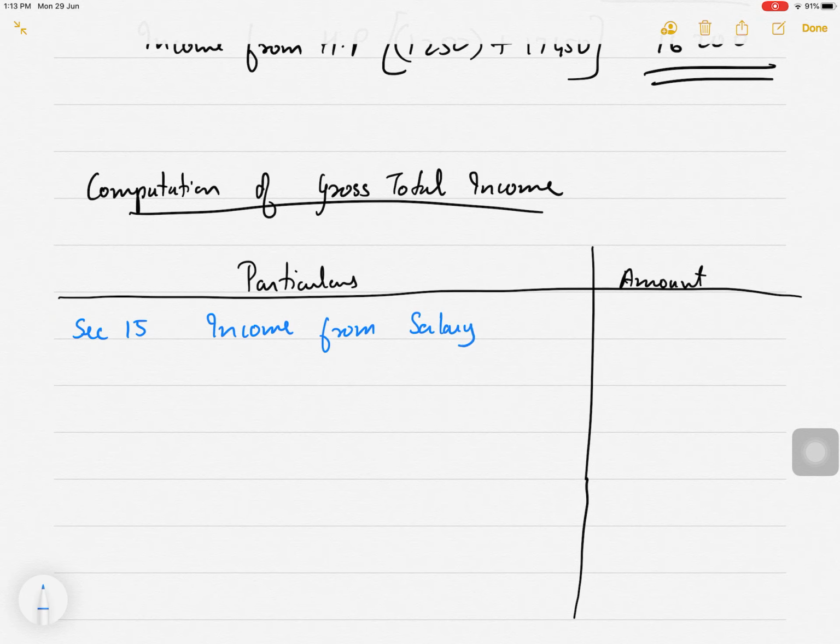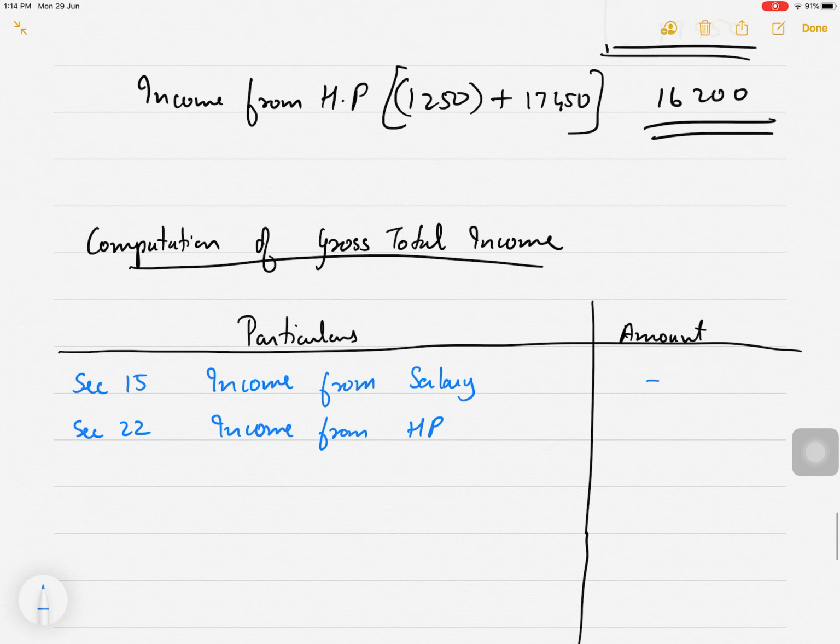Section 15, income from salary, which is nil. Section 22, income from house property, which is 16,200.